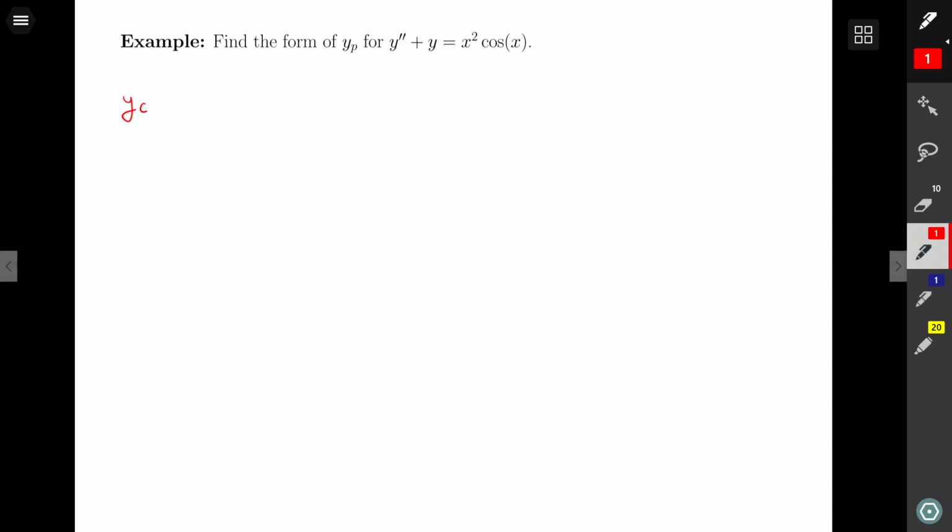So again, you go through the complementary solution with the auxiliary polynomial, and you get that r is plus or minus i, which in turn gives you the complementary solution, arbitrary constant multiplied by cosine of x plus a possibly different arbitrary constant multiplied by sine of x.